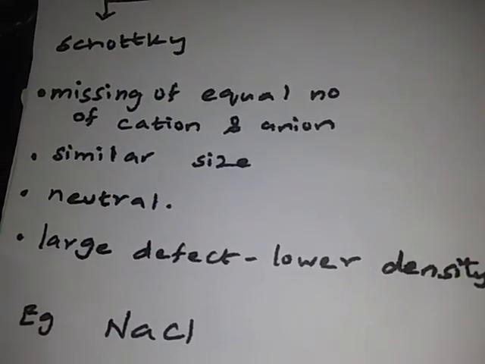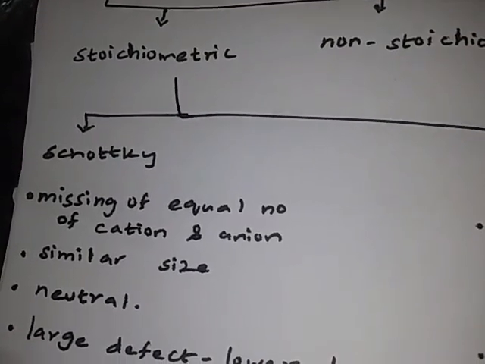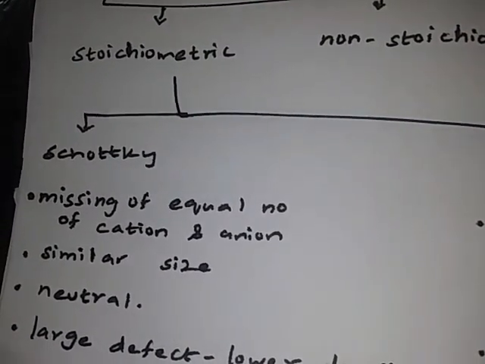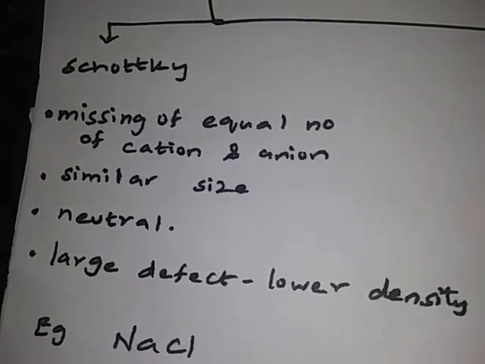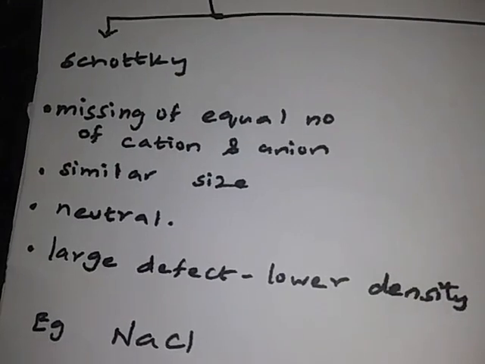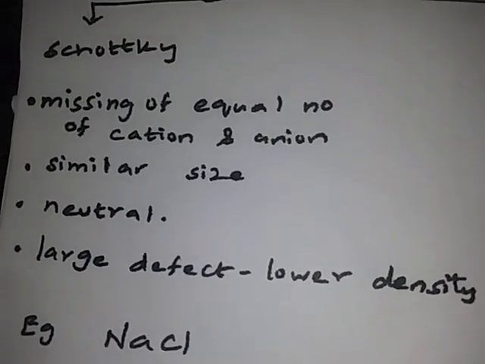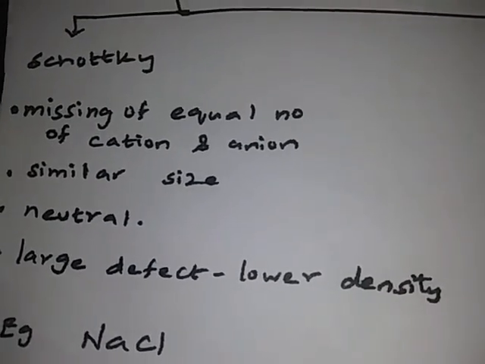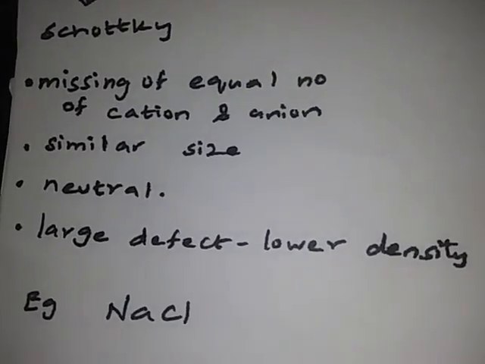Here, in a stoichiometric ionic crystal, the defect may arise due to the missing of anions and cations, or the anions or cations may occupy the interstitial space. But in both cases the crystal is neutral. It contains the same number of cations and anions.